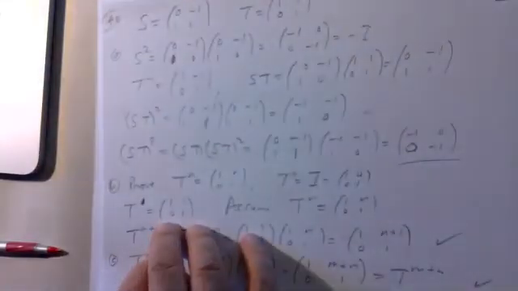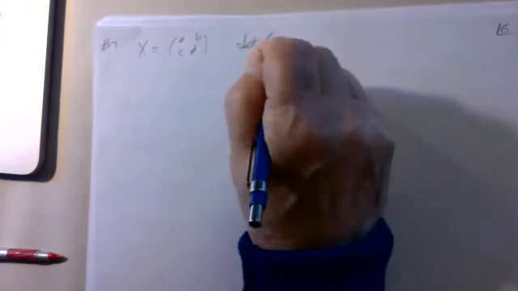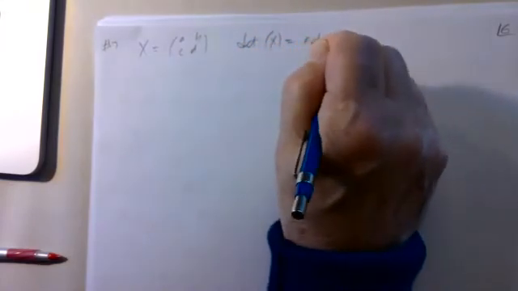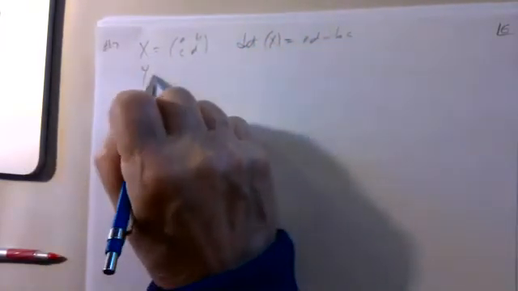Number 7 is to prove that the determinant is multiplicative. So if X is the matrix [A, B; C, D], the determinant of X is AD minus BC.